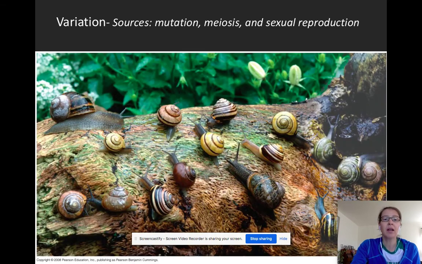All right. So here is variation. We know that most populations have variation. If we're tracking evolution on just one gene, then there has to be more than one allele. So there has to be some sort of variation within the population. The sources of variation we know within populations include mutation, because all alleles are formed by mutation.